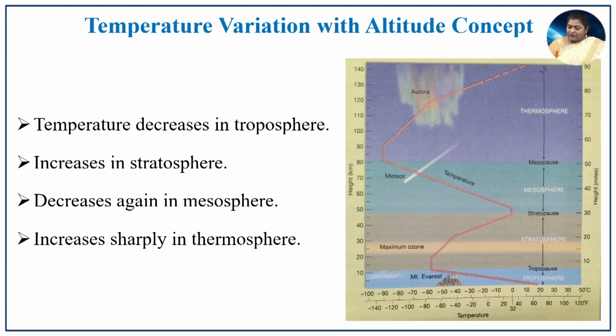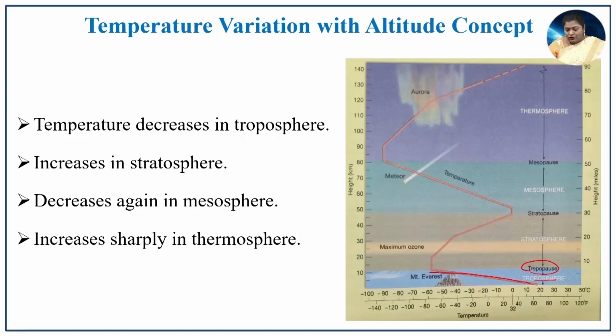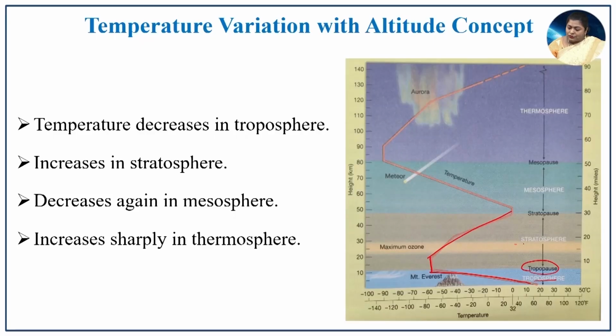The first and lowest layer is the troposphere. In the troposphere, the temperature decreases, and the boundary of the troposphere is the tropopause. There is a constant, and again in the stratosphere the temperature increases, and then there is a constant at the boundary between the stratosphere and the mesosphere.